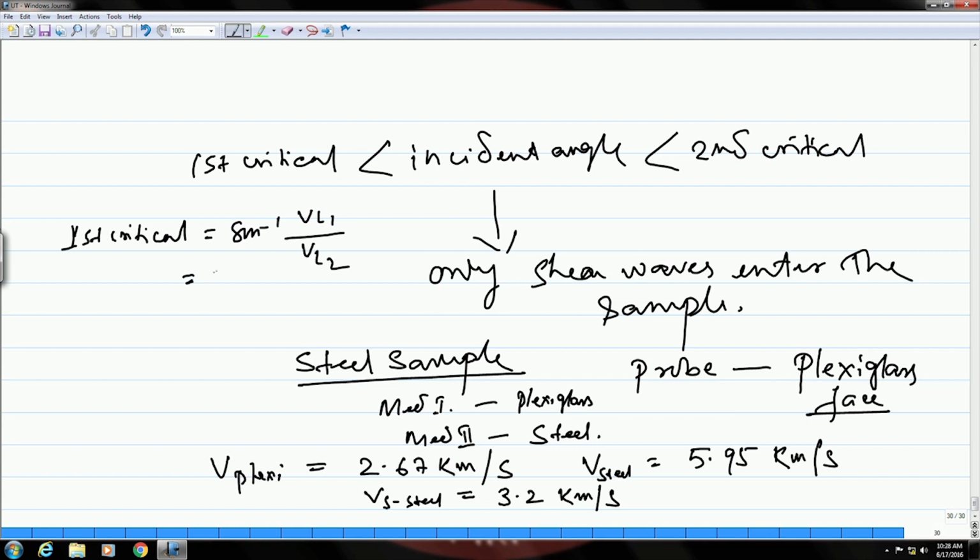So, that means this is VL1 is 2.67 because medium 1 is plexiglass, and VL2 is 5.95. Okay.